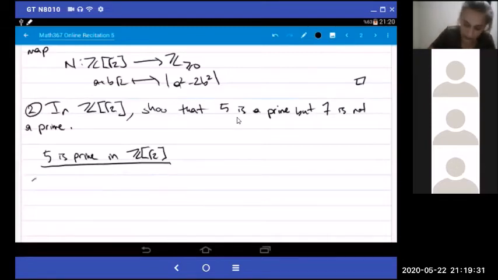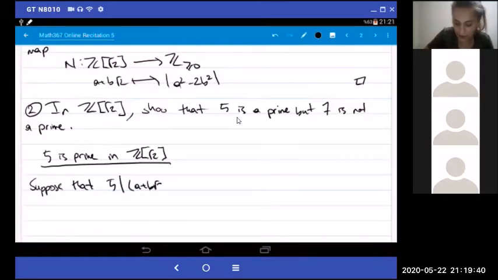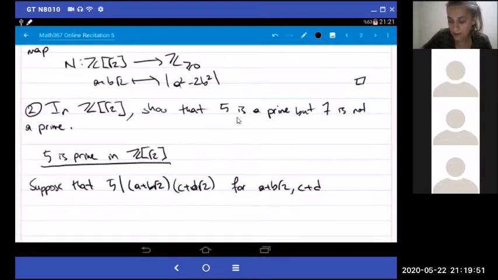Now suppose that we directly apply the definition: 5 divides (a + b√2)(c + d√2) for elements from Z[√2]. a, b, c, d are integers, of course.